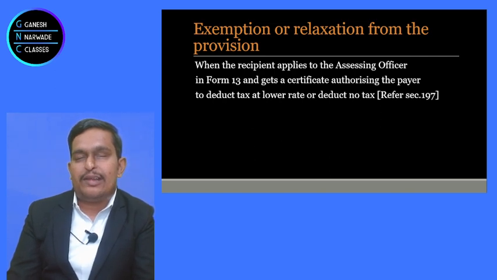If these people get the certificate from the income tax department, then the TDS which you deduct should either be at the lower rate as given in the certificate, or no TDS should be deducted. So exemption can be given subject to section 197. Right? This way we completely understood section 194M. I feel you got full clarity on this section.